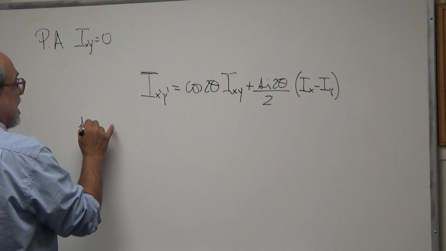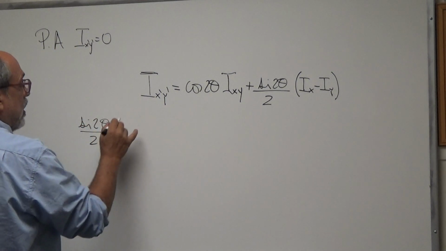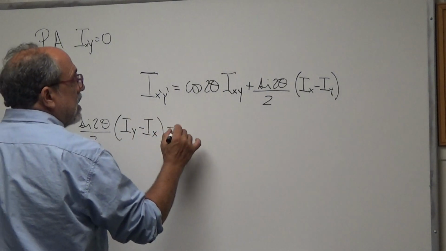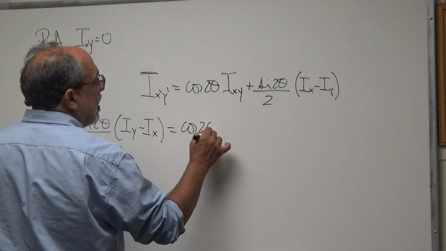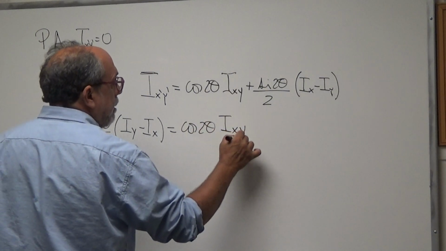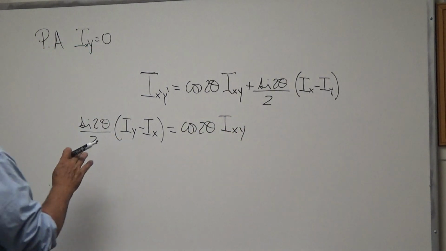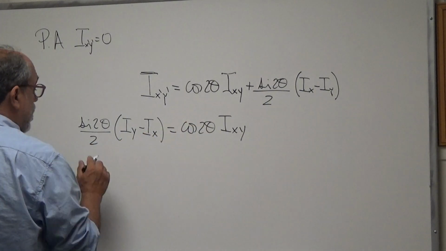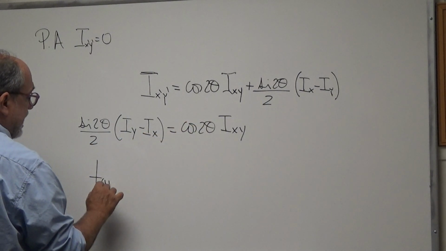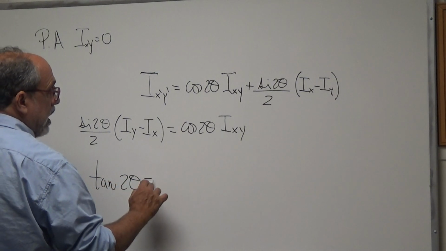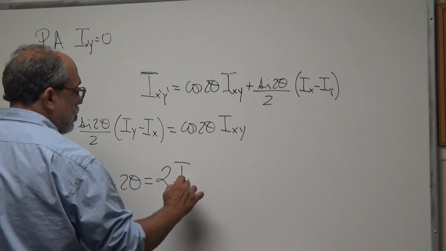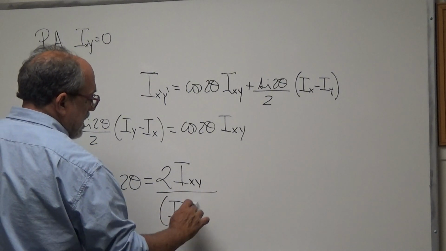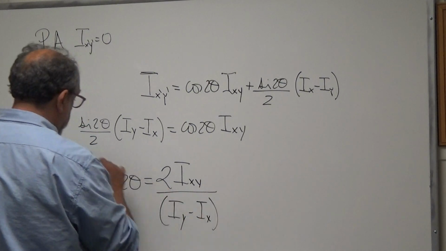So I can just say that sine of 2 theta over 2 times Iy minus Ix, I changed the order, is equal to cosine of 2 theta times Ixy, right? From where, multiply by 2 on that side, divide this side by cosine of 2 theta, so you get tangent of 2 theta is equal to 2 Ixy divided by Iy minus Ix, and that's the formula, right?